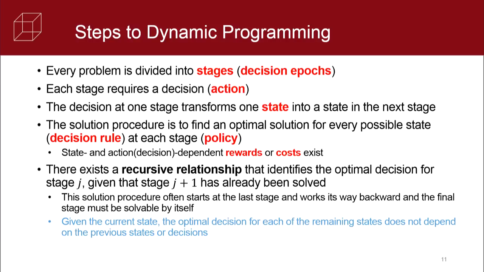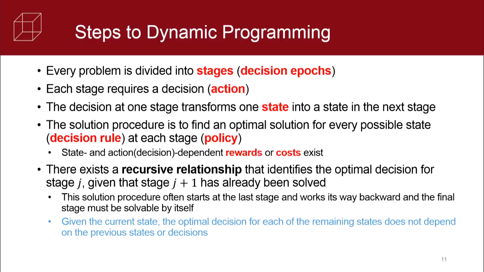That means at each decision epoch, the decision maker observes the system state and then makes the decision. And the decision transforms the state to the next state in the next decision epoch.